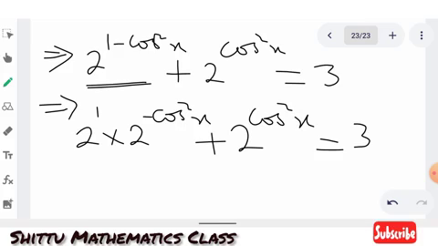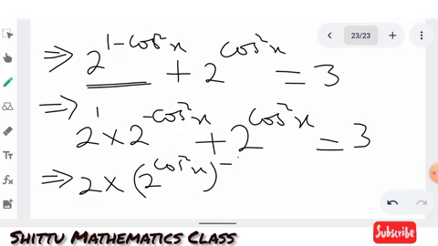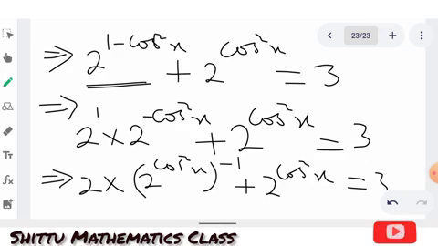Now from here, we can rewrite this as 2 times 2 to power minus cos square x, plus 2 to power cos square x equals 3.